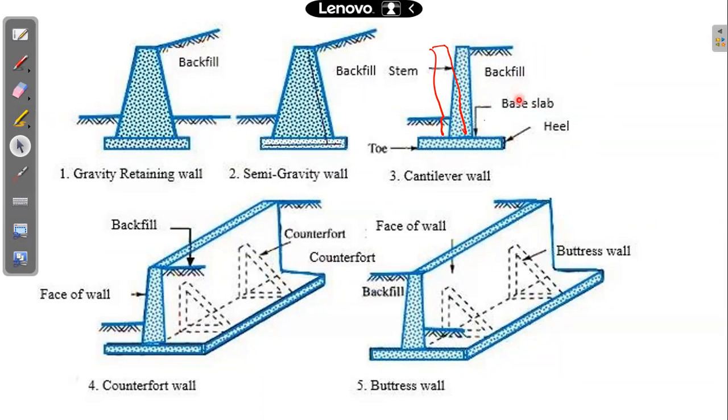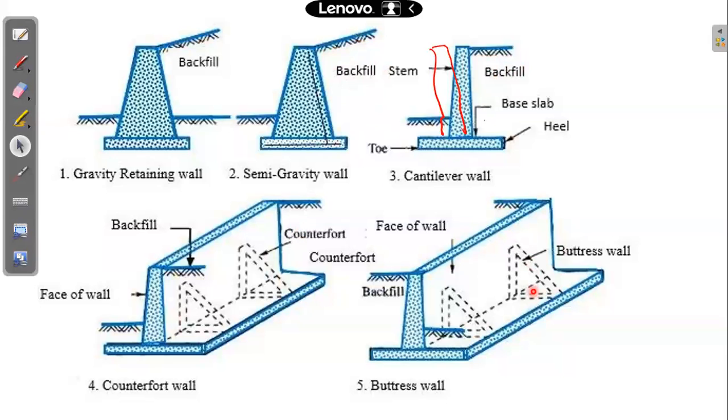The side in which you fill this soil and compact it, we call the backfill, or the back face of the retaining wall. This is the side where soil has been filled. It may be horizontal, it may be sloping, depending on the necessity. So here, the walls which connect the stem with the base slab, if they are provided on the backfill side, we call them counterforts.